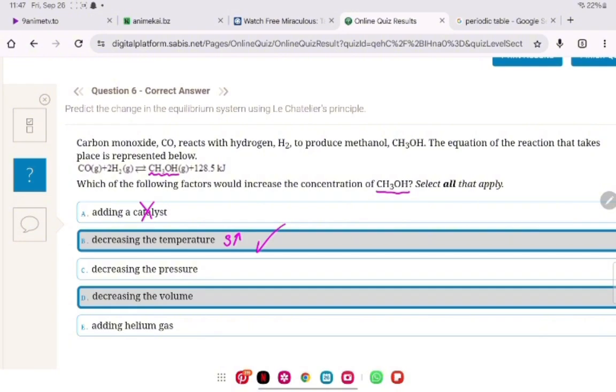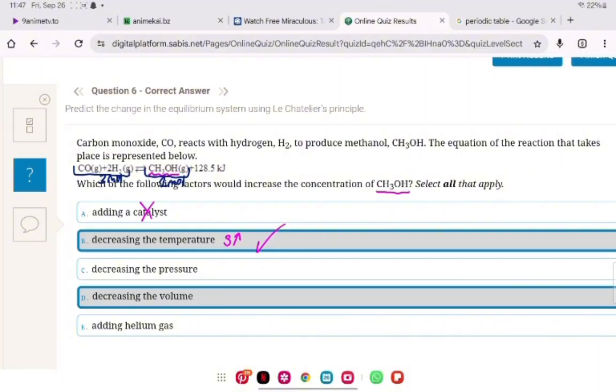Decreasing the pressure. If you decrease the pressure, wait, we have to count the moles first. Sorry. So there's 3 moles on one side, and there's 1 mole on the other side. Decreasing the pressure, remember how I said before, will make the reaction go to the side with more moles.